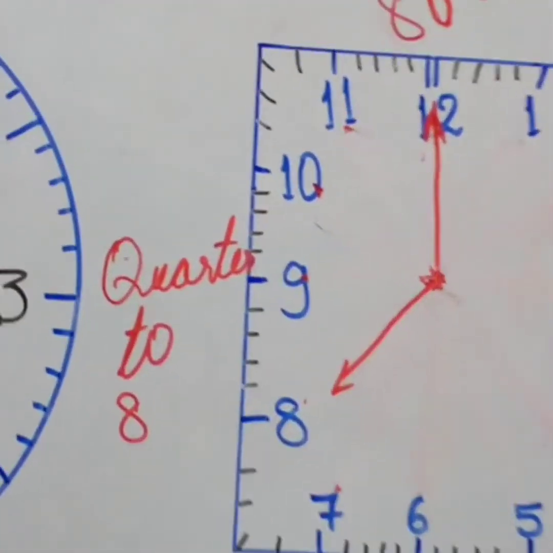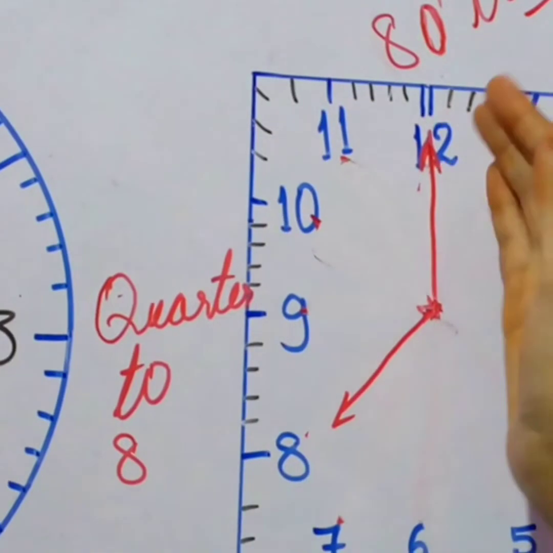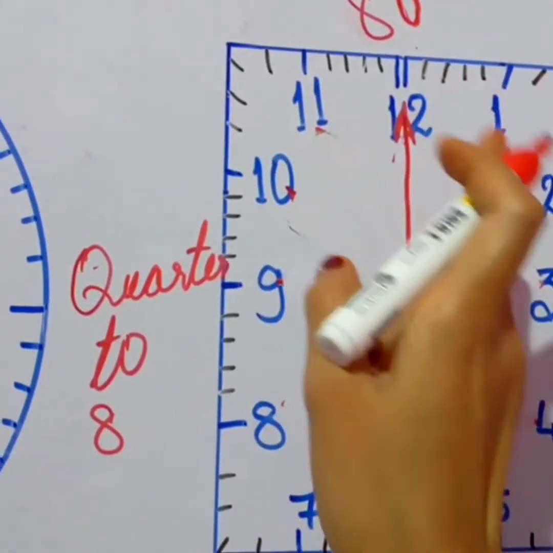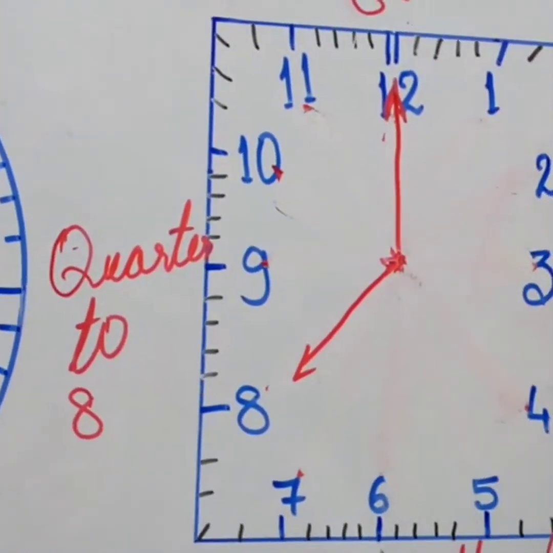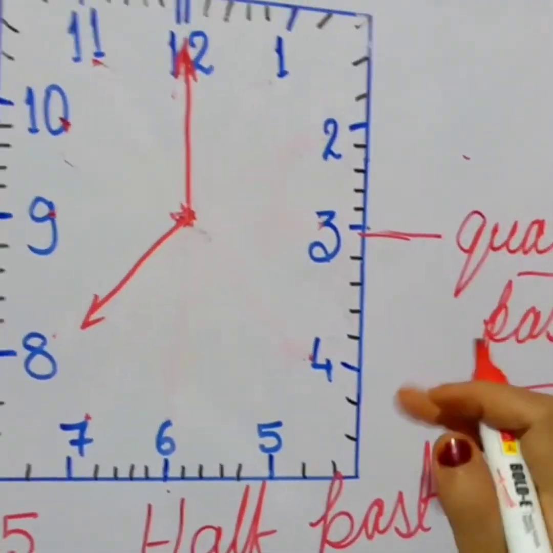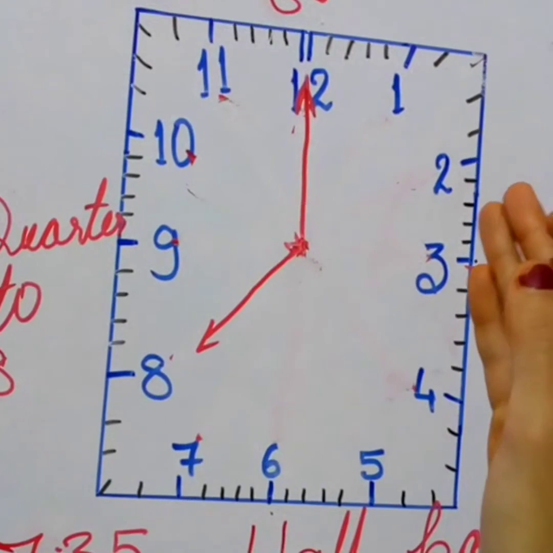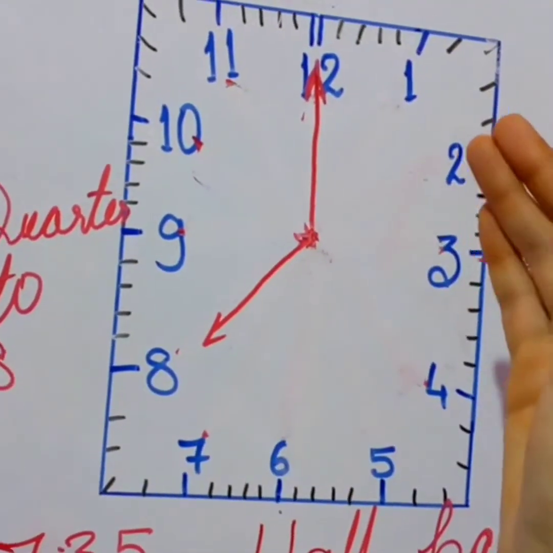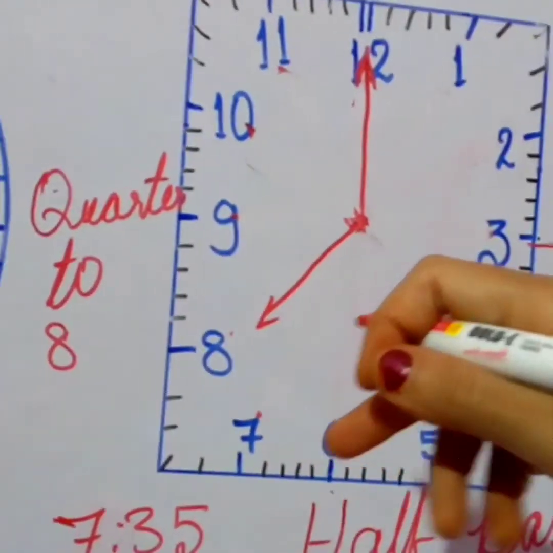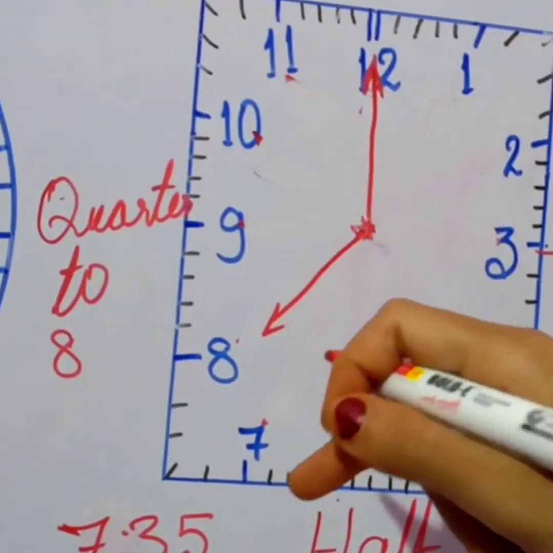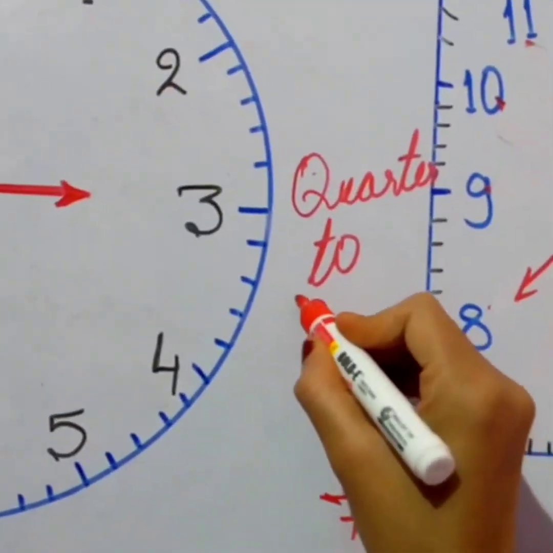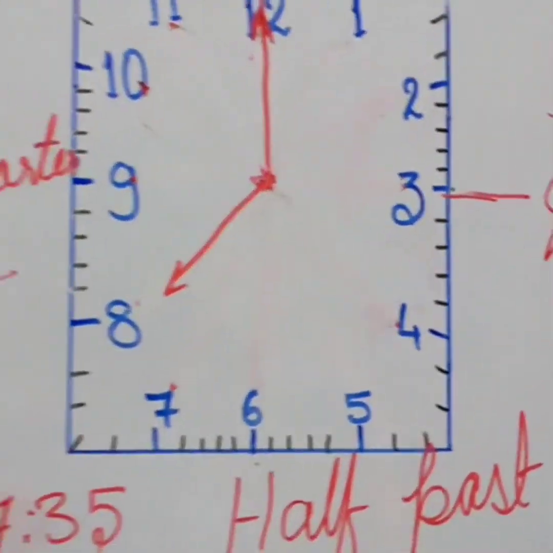In this, you can understand that if the needle moves on this side, the first half of the clock, we will use 'past'. 5 past 7 or 10 past 7. And if the needle moves after 6, 'to' is used, and here 'past' is used.